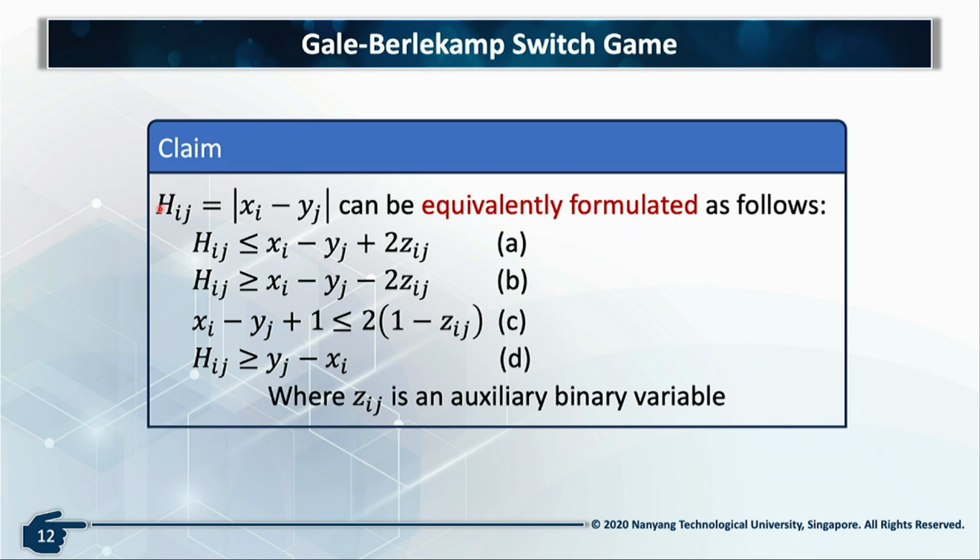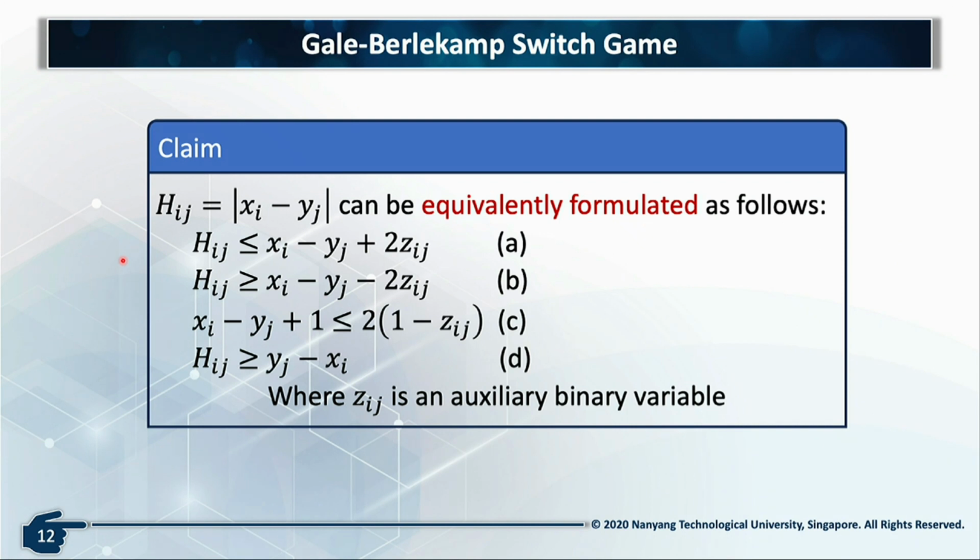This is what I mean by equivalent formulation, because the set of constraints has restricted the possible value of xi, yj, and hij. And for all those possible values of xi, yj, and hij, they must satisfy this nonlinear function. This is what is stated in this claim. Then is this claim clear to all of you?